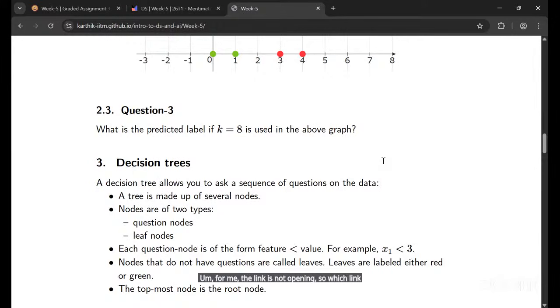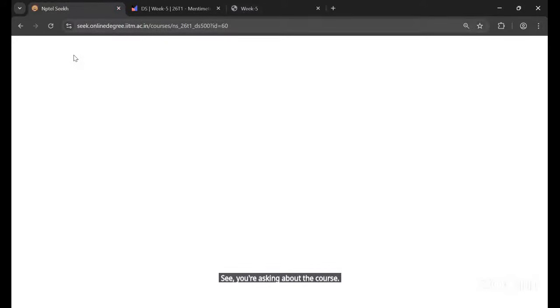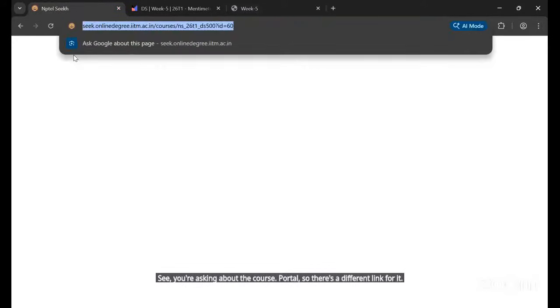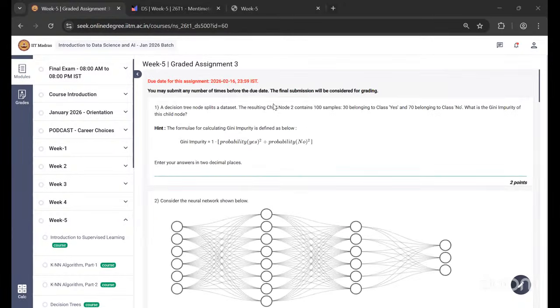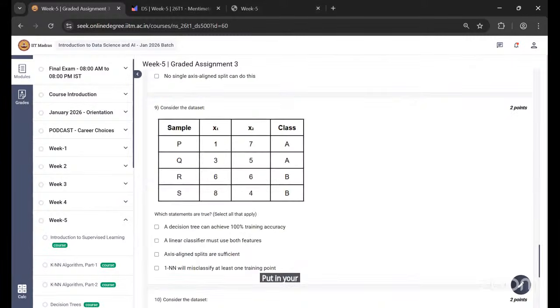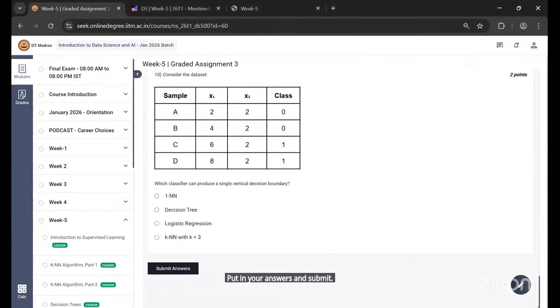Which link? Are you asking about the course portal? There's a different link for it. Everyone must be having access to the portal. Here you have your assignments. You just have to put in your answers and submit. Nothing else is expected of you.